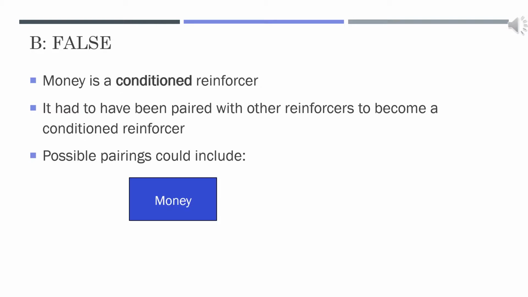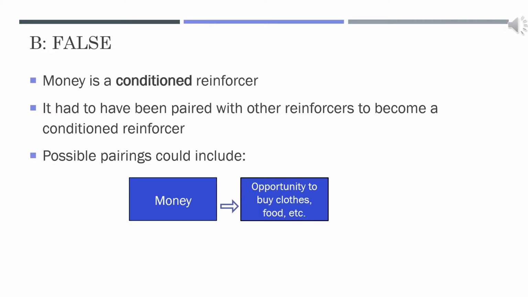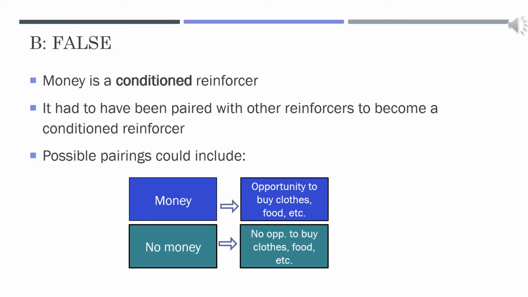For starters, the neutral stimulus, money, was presented. Following the presentation of money, the opportunity to buy a specific item, such as clothes or food, was presented. When money is absent, so is the opportunity to buy these items. This pairing procedure has caused money to function as a conditioned reinforcer.